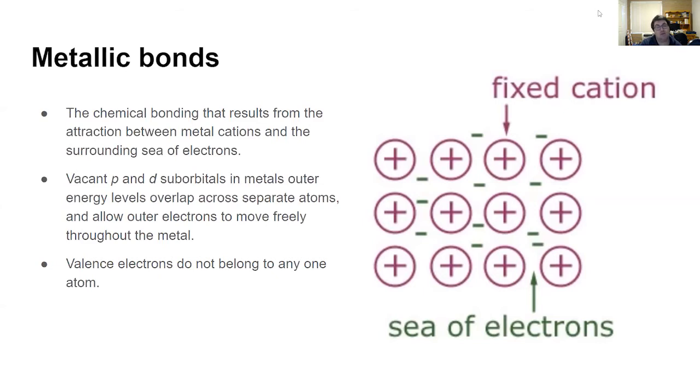You have that sitting there surrounded by the valence electrons. They don't really belong to any one atom. And that's what makes metals electrically conductive and able to conduct heat, because those valence electrons can move and transfer energy.